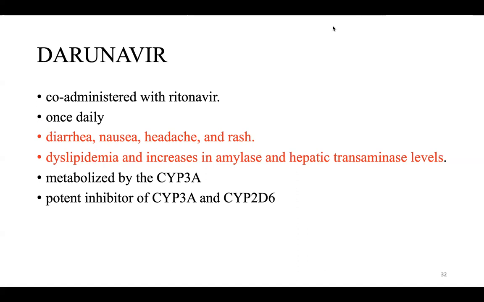Darunavir both inhibits and is metabolized by the cytochrome P3A enzyme system, conferring many possible drug-drug interactions. In addition, the co-administered ritonavir is a potent inhibitor of cytochrome P3A and cytochrome P2D6 and an inducer of other hepatic enzyme systems.